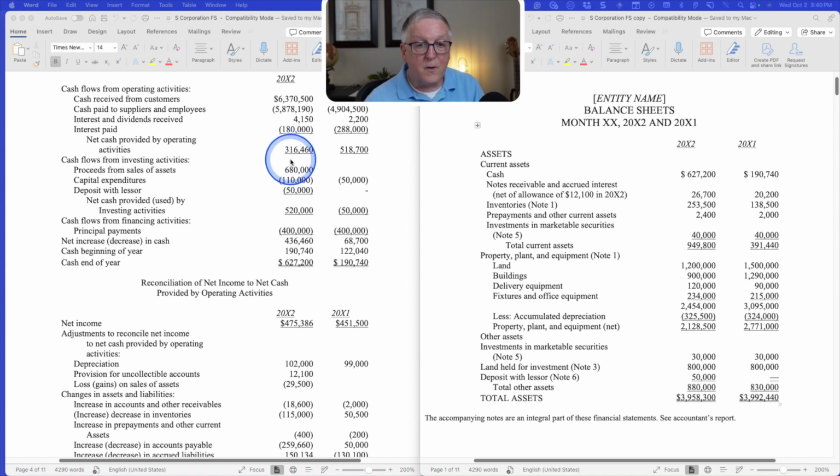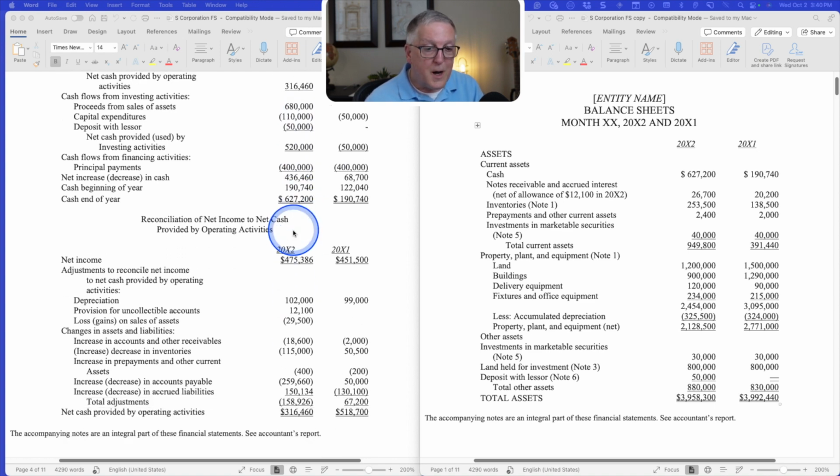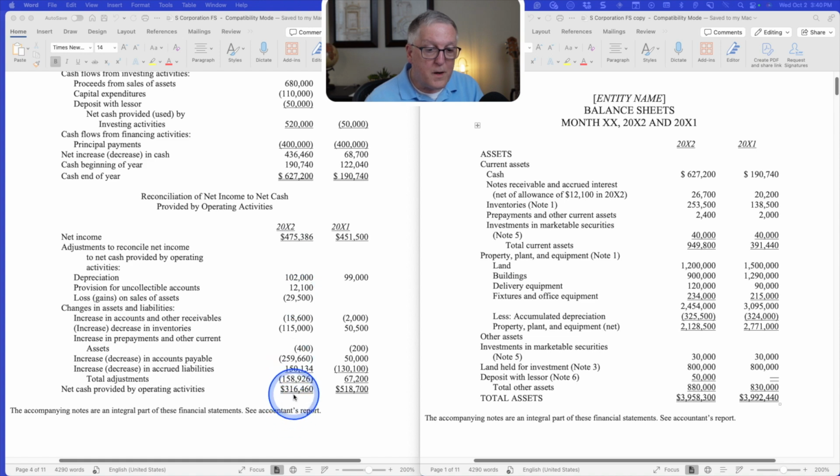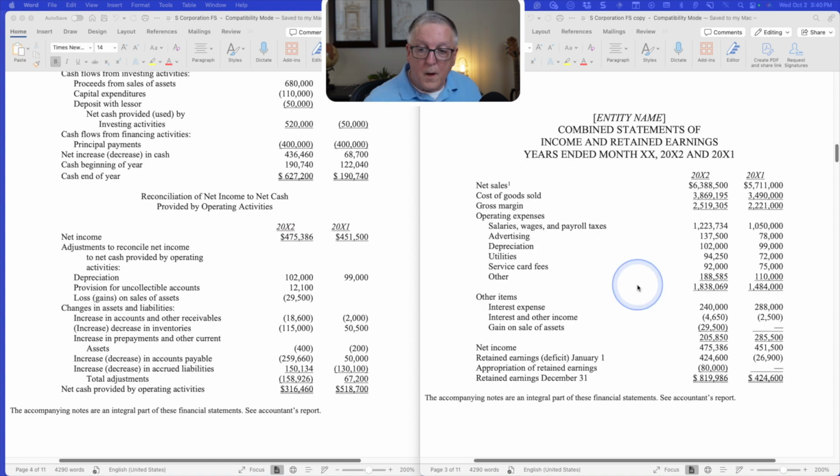Now, I like to do this before I start working with this indirect piece down here. Once I know what this number is, then I'm going to drop it in down here. And then my net income number is coming from the income statement. And when I look on the income statement, I see net income.